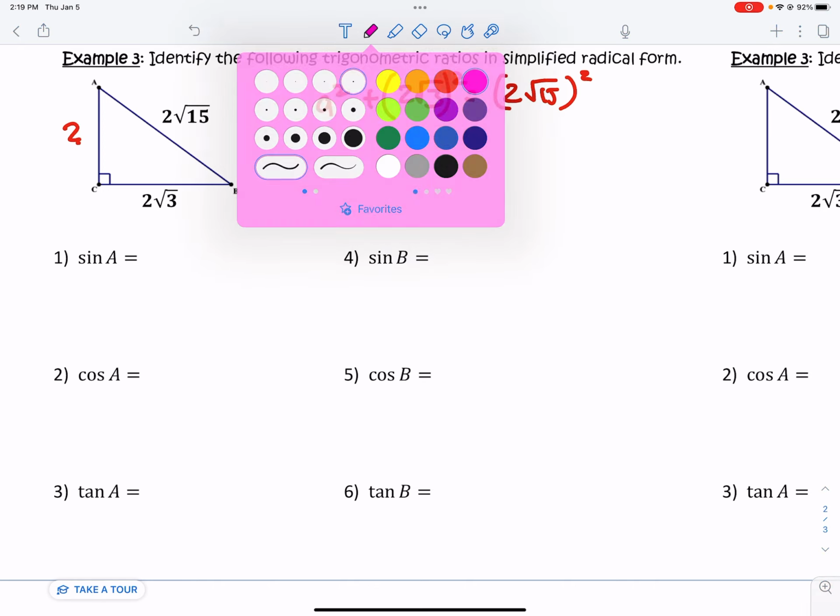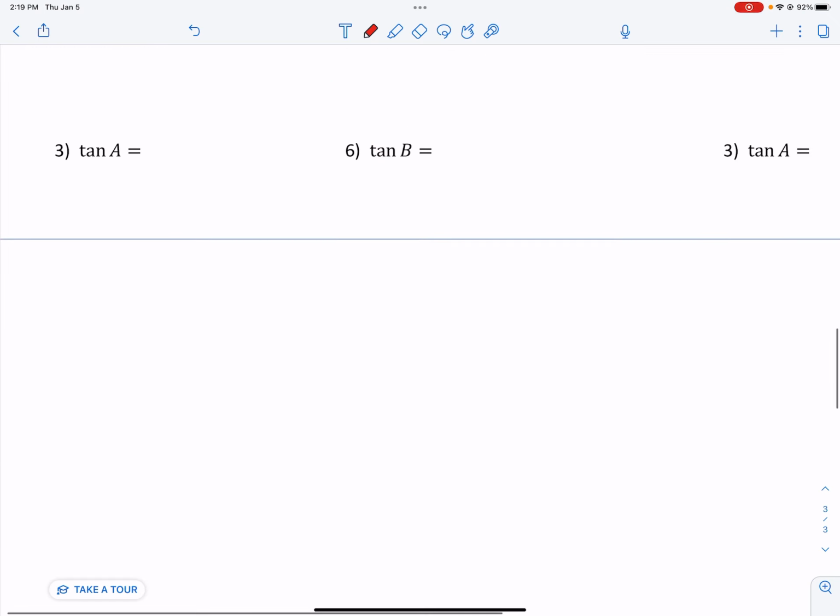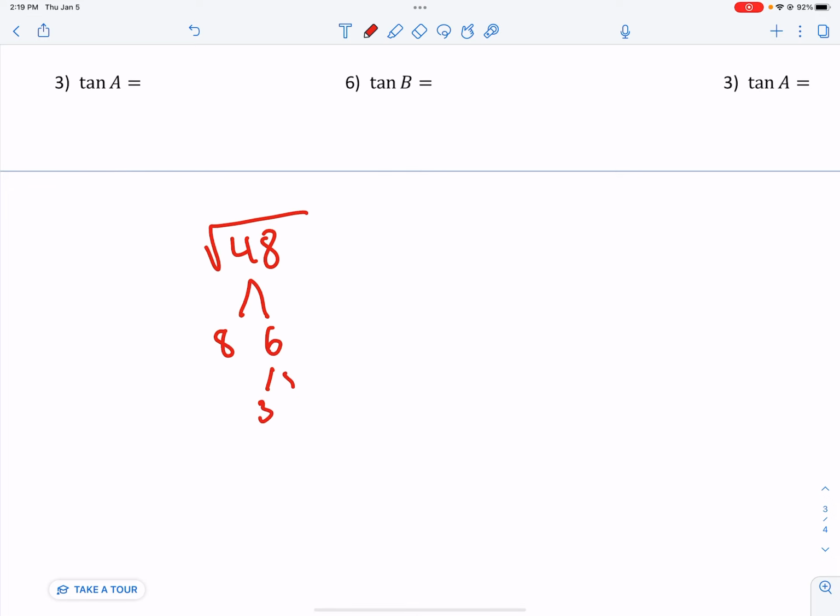All right, so squaring this gives me a squared plus 4 times 3 is 12, is equal to 4 times 15, which is 60. So a squared equals 48. A is equal to the square root of 48, which is going to be 8 times 6. 6 is 3 times 2. 8 is 2, 2, 2.